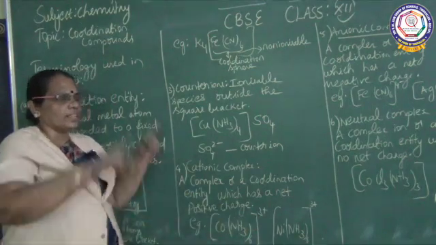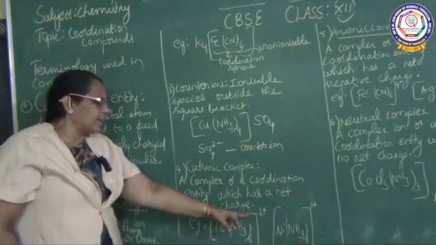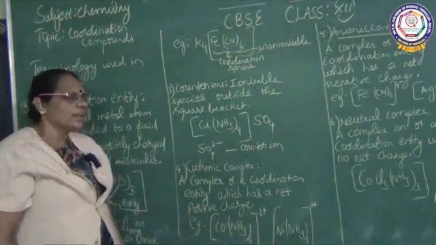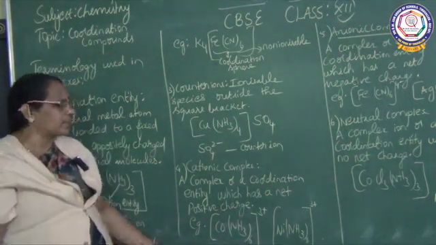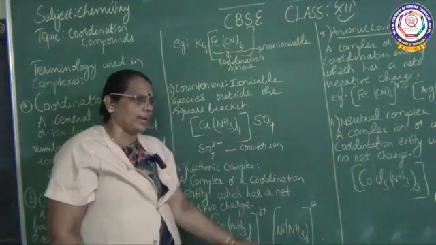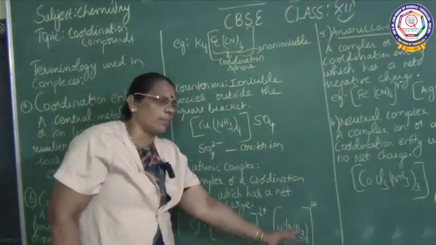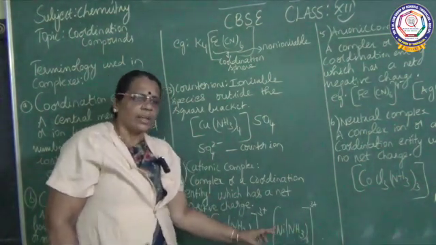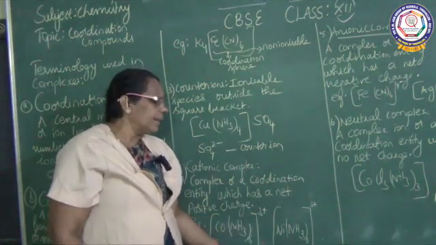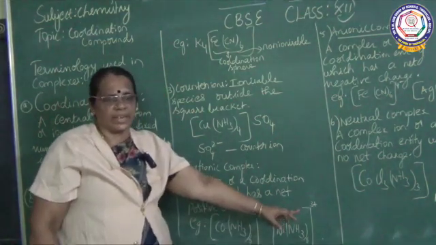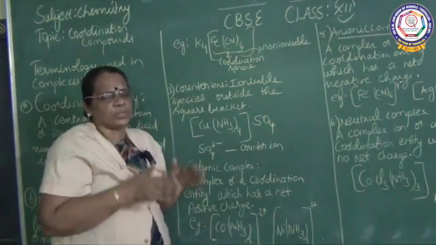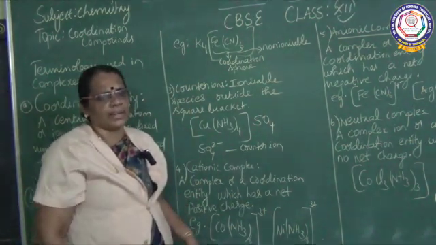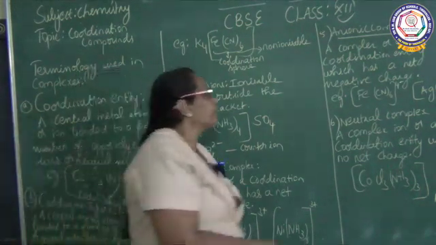Outside the square bracket at the top, towards the power, we can see the charge. So it has 3 positive charges, so it is a cationic complex. Similarly, hexaamine nickel. Here also there are 6 ammonia molecules bonded to the central metal ion. It has the charge of plus 3. Both these compounds have a net positive charge in the complex, so we can call them cationic complexes.